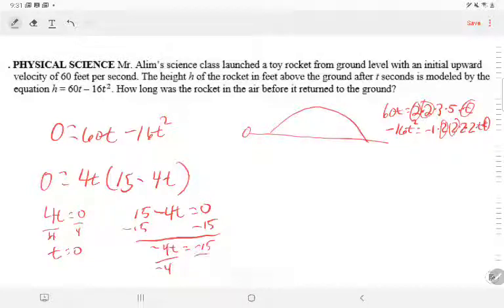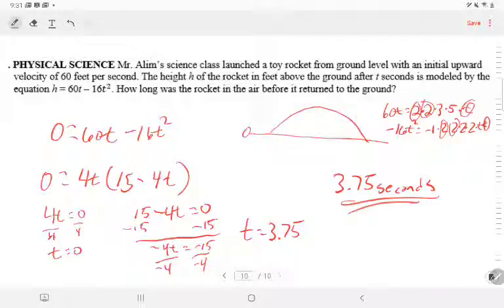Divide both sides by -4, and t equals 3.75. So the rocket was in the air for 3.75 seconds. Okay? All right, if you got any questions, let me know. Otherwise, have a great day.